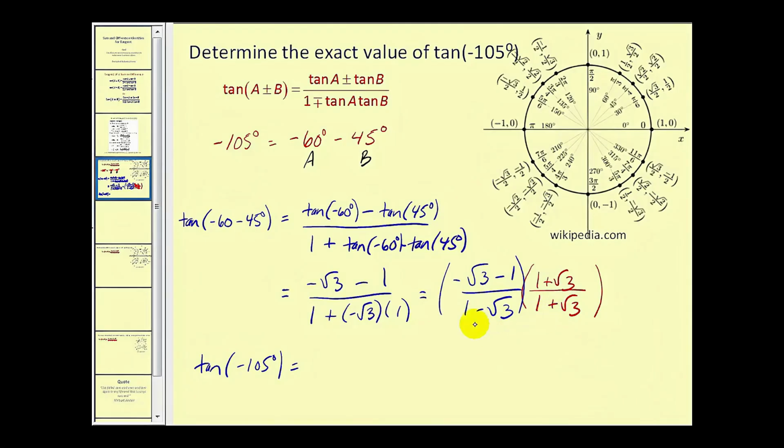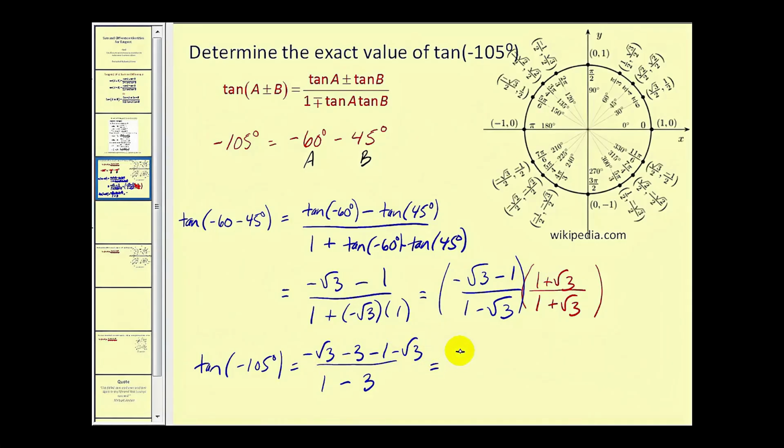These are conjugates, so we'll have 1, and then we'll have plus square root 3 minus square root 3, that's 0, and then negative square root 3 times positive square root 3 would be minus 3. In the numerator, we're going to have a negative square root 3 minus 3 minus 1, and then minus square root 3.